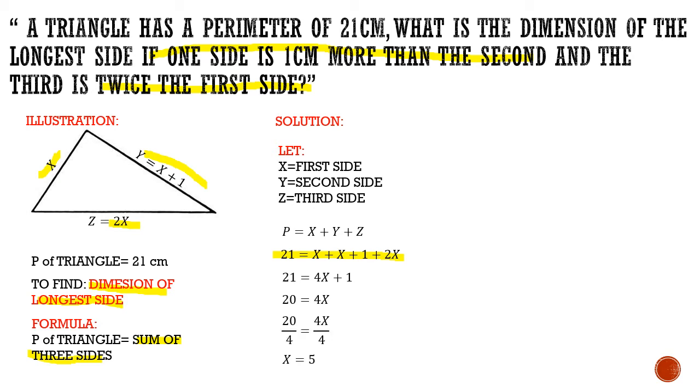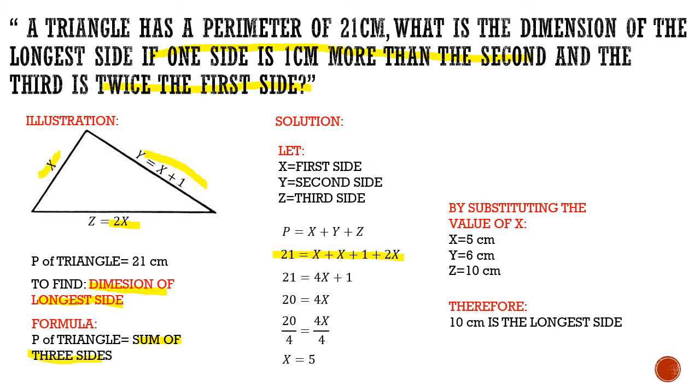So, the value for x is 5. So, by substituting the value of x, for the first side, we have 5 centimeter. For our second side, we have 6 centimeter. And for our third side, we have 10 centimeter. So, for the final answer, it is to find the dimension of the longest side. So, the longest side will be the 10 centimeter.